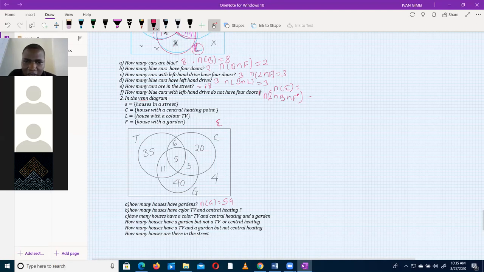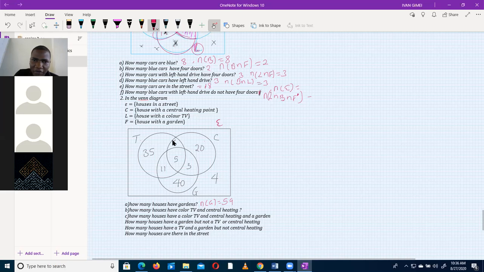Then how many houses have color TV and central heating point? Color TV is this, central heating point is that. How many houses are in that region? 11.